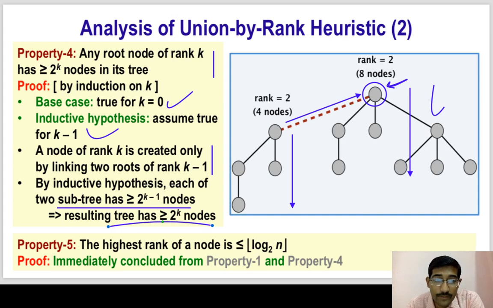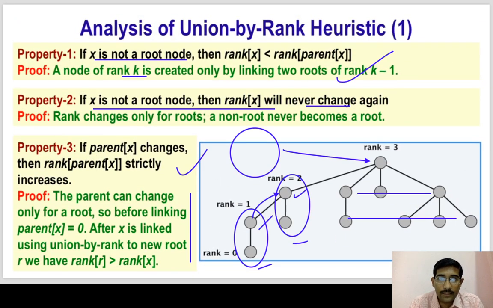Now this is a very interesting proof, because it says that the root node in the disjoint tree having rank k has at least 2 to the power k nodes in the tree. Therefore, it immediately concludes this part of the property, that the rank of the highest rank node would be less than or equal to floor of log n. It immediately comes from property 1 and property 4, because property 1 says that if x is not a root node, then the rank of x is obviously less than the parent's rank.